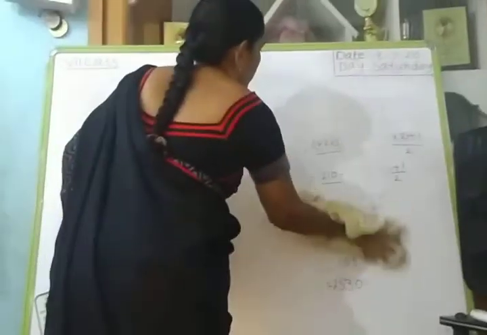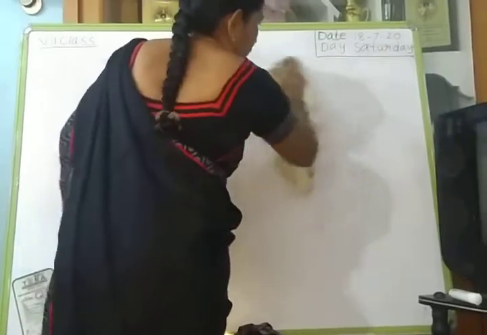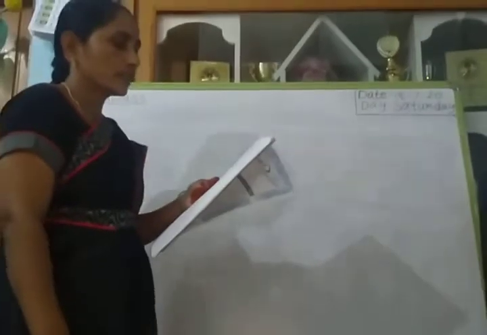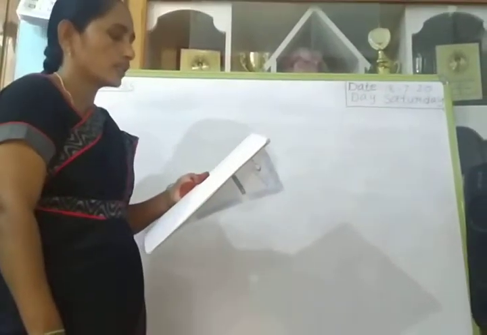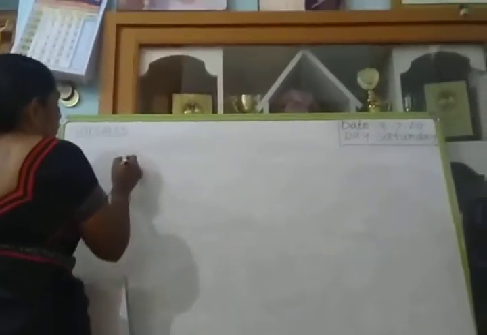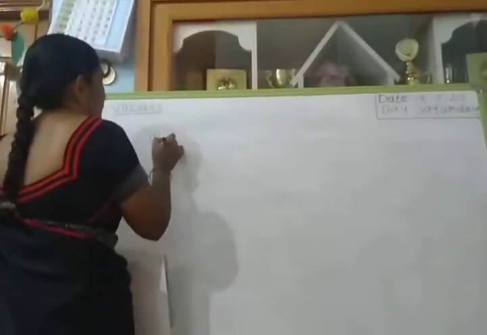In the second question, what did they ask? A cord of length 82 1 by 2 meters has been cut into 30 pieces of equal length. So what is the length of each piece?